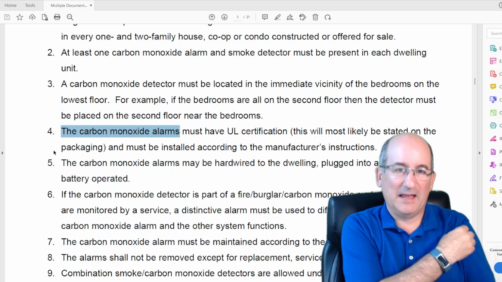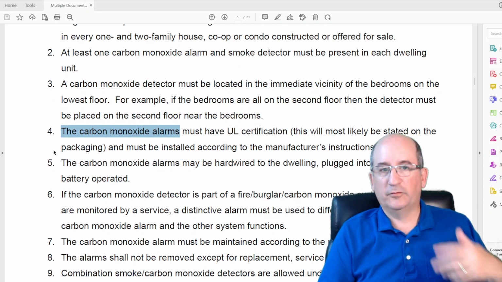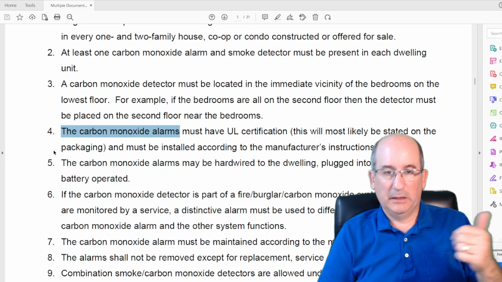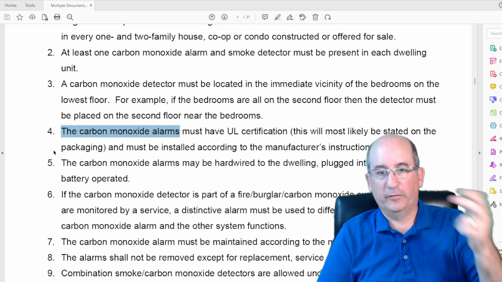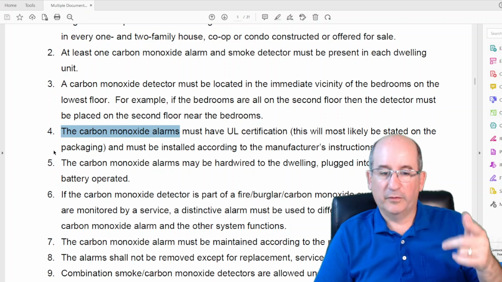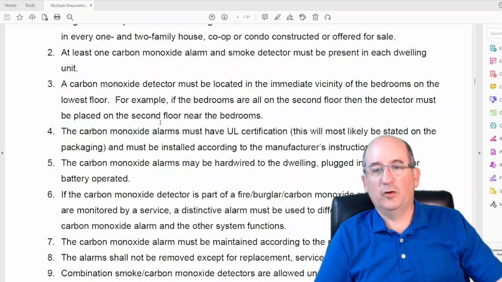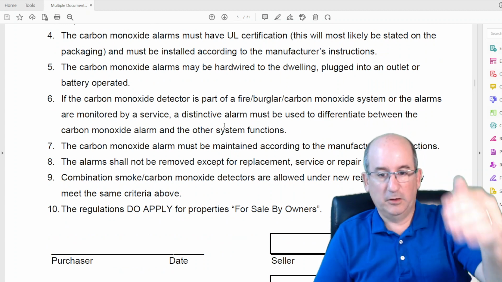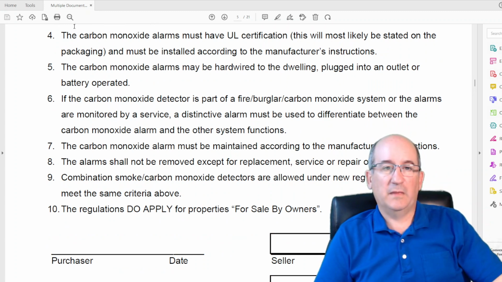If you don't have a gas stove or a gas furnace or anything that burns, then it's not required. So if you have electric heat, electric hot water, and an electric stove, then the CO detector is not required, but the smoke alarm is. So even though buyers are going to have these, sellers also need to know that as a seller of property, they need to have these in the house.